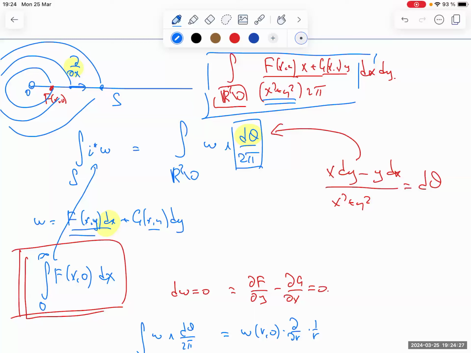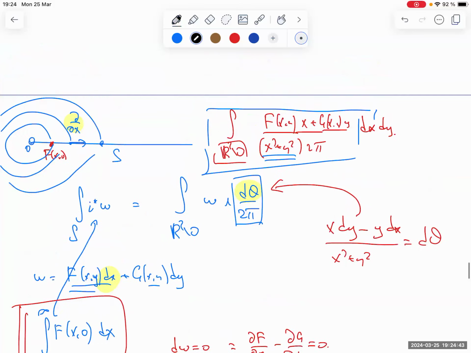So let's rewrite the upper integral over R2 without 0 with the change x equals r cosine phi, for example.